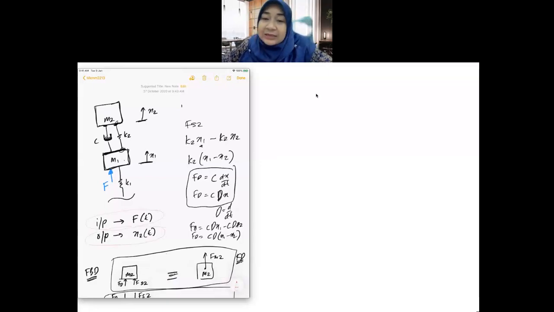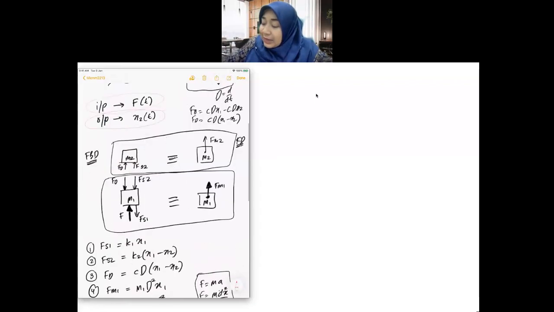The input is the external force acting on the suspension system, and the output is the one I want to control, which is X2. I want the displacement X2 to remain at its steady state, on its fixed reference, even though the suspension system is moving up and down.